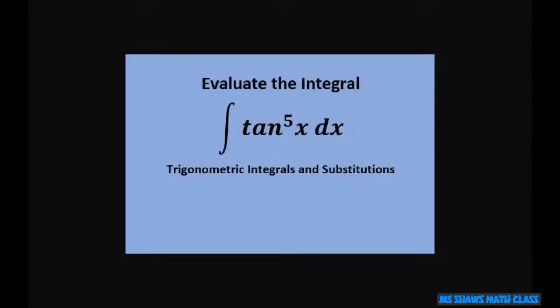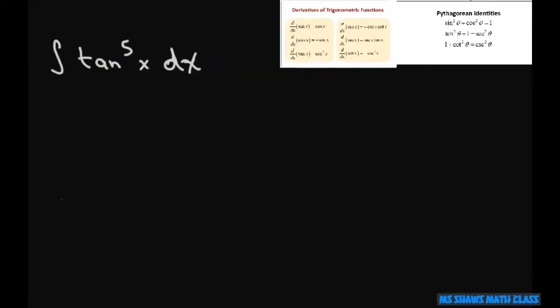Hi everyone, we're going to evaluate the given integral and we're going to use trigonometric U-substitution and also our Pythagorean identities. So the first thing I want to do with this one is just notice that this is tan squared x squared times tan x.